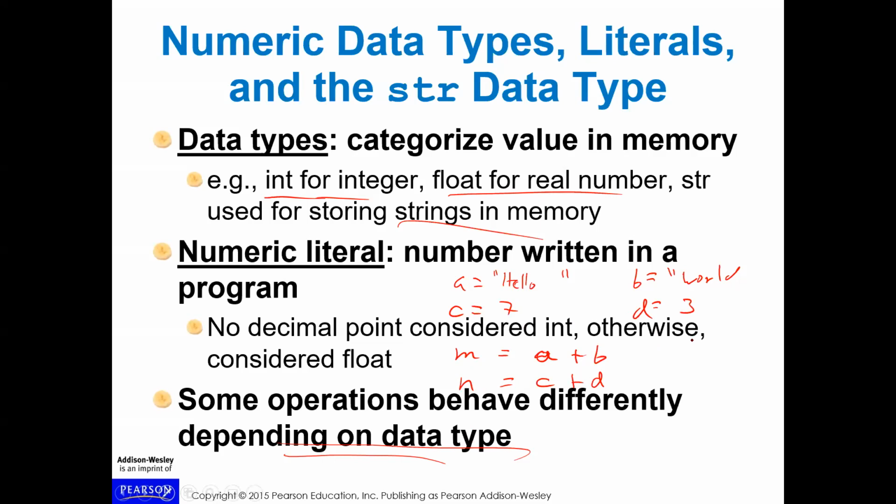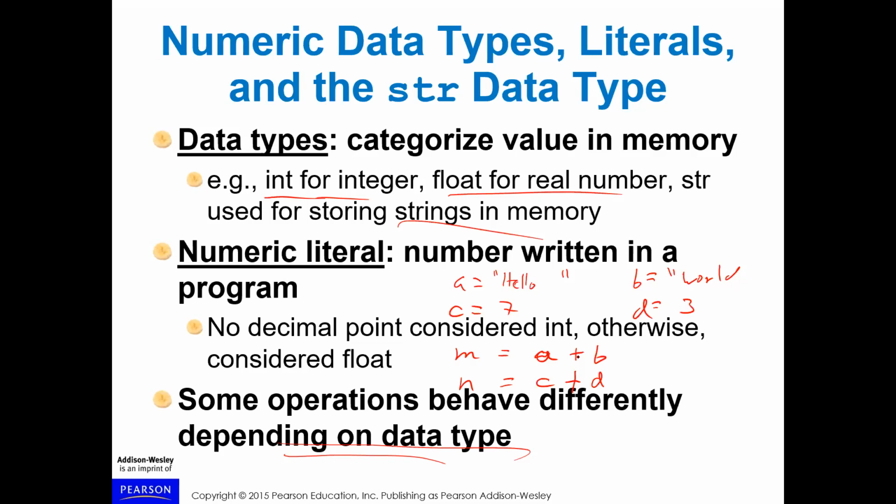What's happening here is that to A and B, I have assigned strings, but to C and D, I have assigned integers. For M, the plus sign is not going to perform a sum, because those are strings, but instead it's going to perform what is called a concatenation.